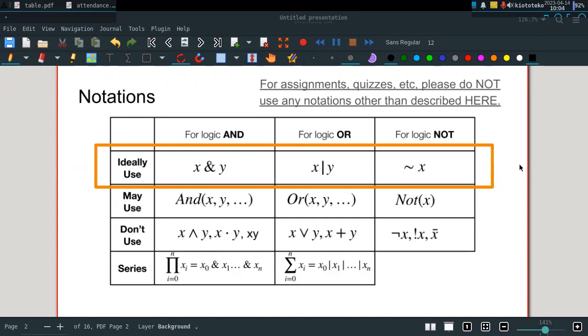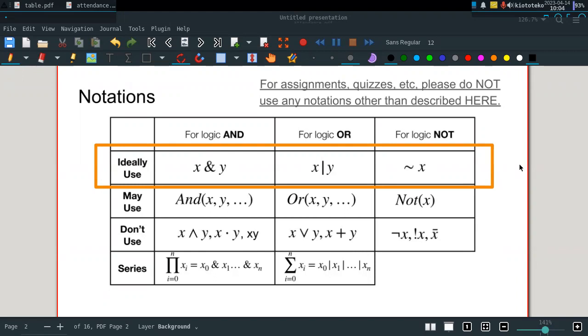We have certain operators that define these logic functions. For example, with AND, we can use the ampersand. We can even use this function notation. We can also use these different operators, like if it were a multiplication, and if we have a series of AND operations, we can use this operator, as if it was a multiplication of a series of terms.